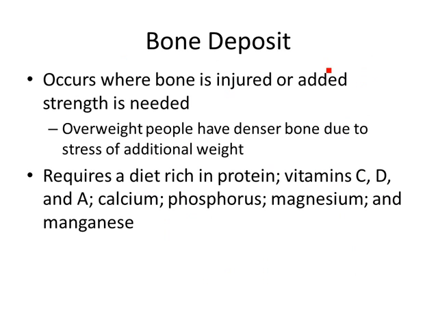Okay, bone deposit. When would you want to put down bone? So remember we said bone was basically a bank, so we're making a bone deposit. Okay, you're going to do that when a bone is injured or if you need more strength. All right, this is the only time you're going to hear me say it's actually a good thing to be overweight. Overweight people have denser bone.